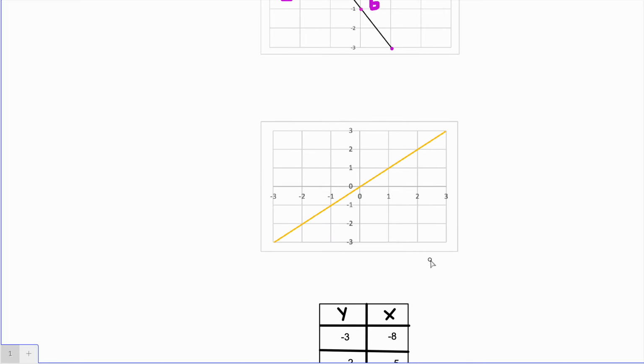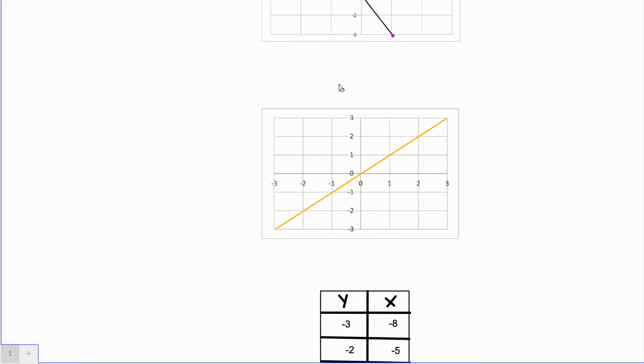Now we can try this again for this line here. We know we have the point 0, 0, which is definitively on the line, and the point 3, 3, which is on the line.